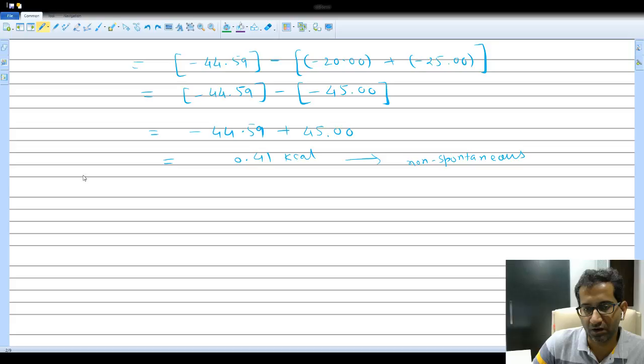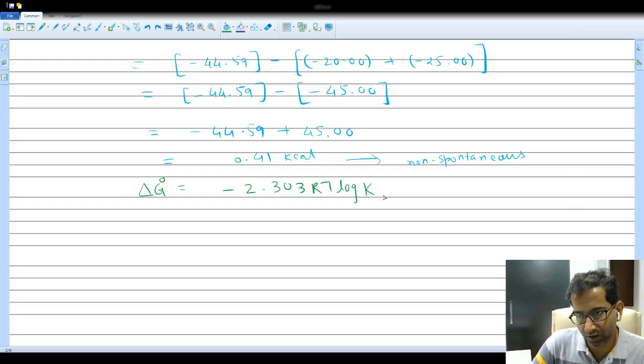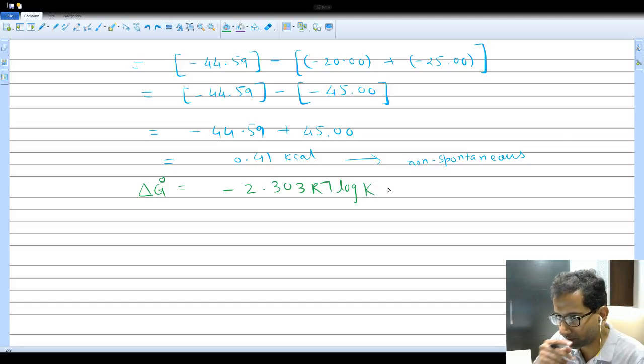What is the formula? Delta G0 is equal to minus 2.303 RT log K. We will put just K, right?